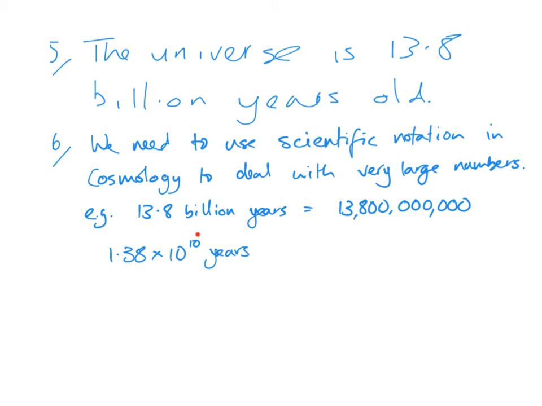So this small 10 there means you need to multiply it by 10 times. So if you do 1.38 multiplied by 10, it's 13.8. Multiplied by 10 again, it's 138. And so on. If you keep doing that 10 times, then you get the 13.8 billion. Okay, I should have put an equals in front of that as well.